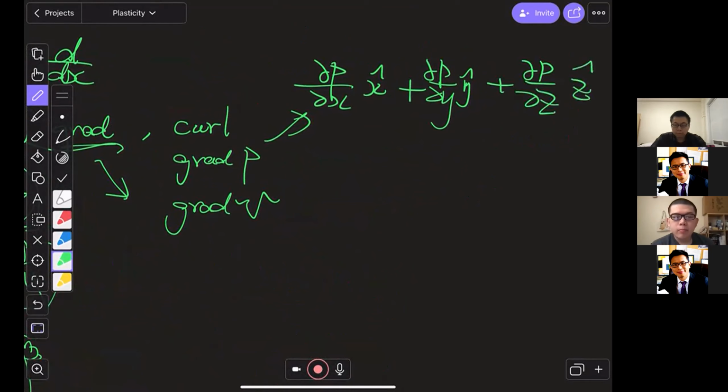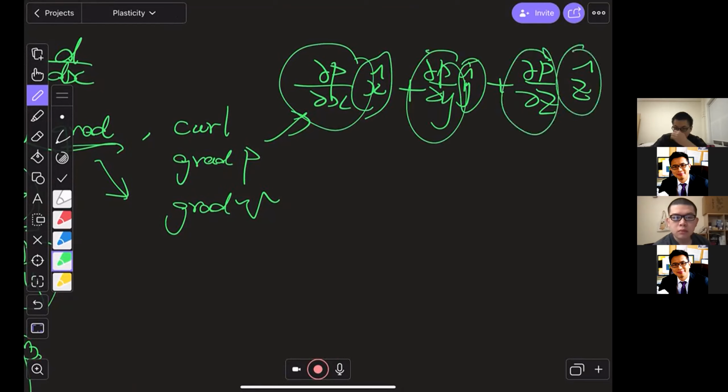So gradient gives you a sense of how things change in a vector sense. I consider how P changes in the x direction as the x component, how it changes in y as the y component, and so on for the z direction.